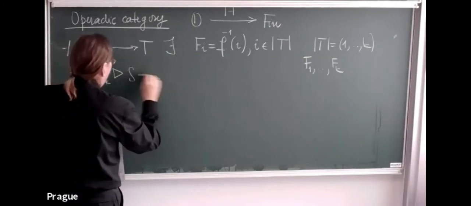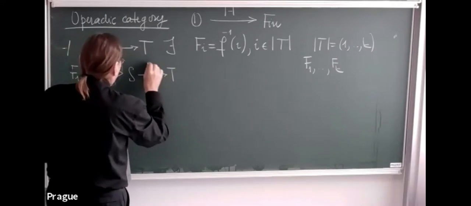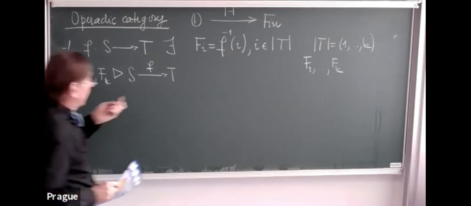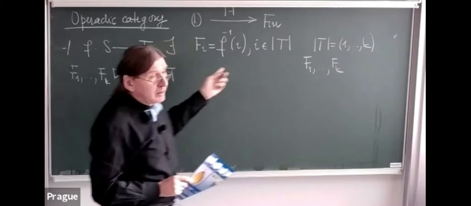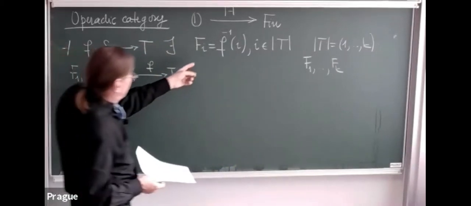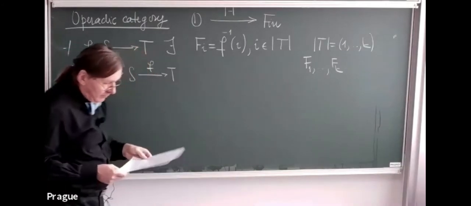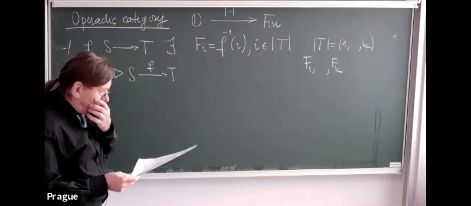This symbol means that f has fibers f_1 up to f_k. I have to emphasize that despite this notation, it doesn't mean that f_i is the inverse of i. It doesn't even make sense. The types are wrong in general. So there are some objects of a category, and of course some conditions must be satisfied.